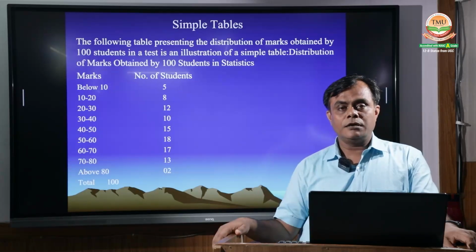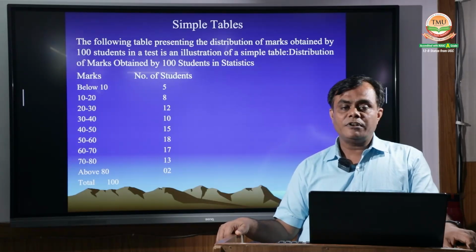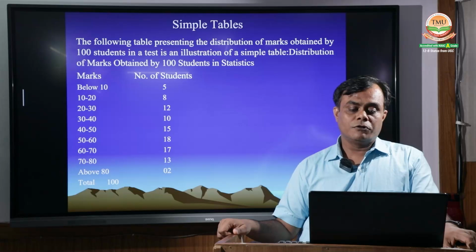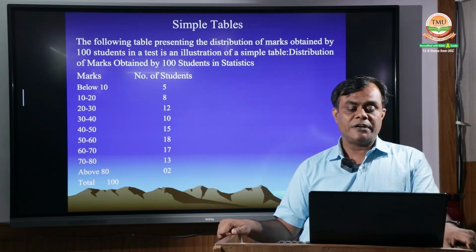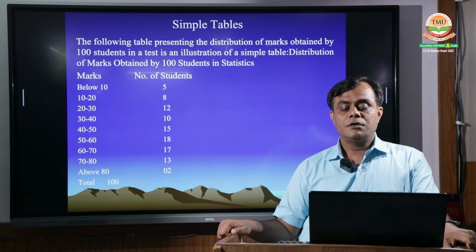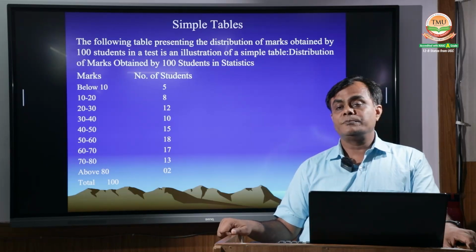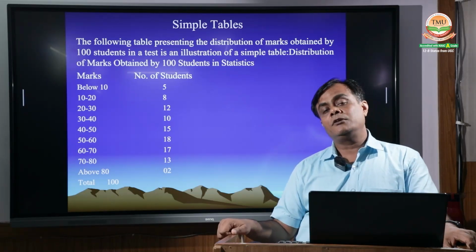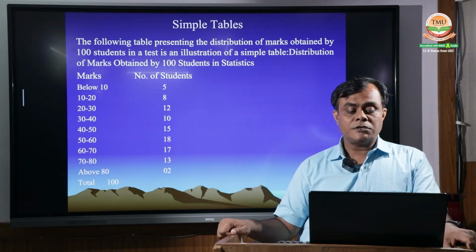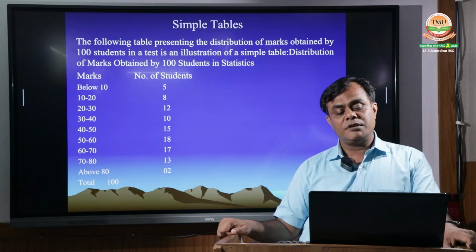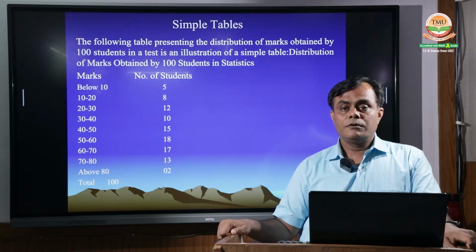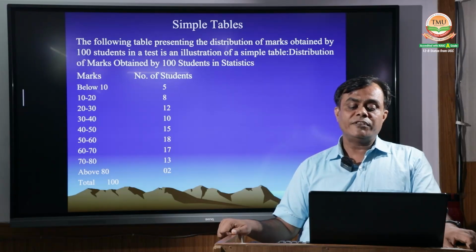Here in this slide, an example is given of the simple table. The following table presents the distribution of marks obtained by 100 students in a test, as illustrated in the simple table. So in a particular test, 100 students obtained marks, and their marks are given on a class interval basis.